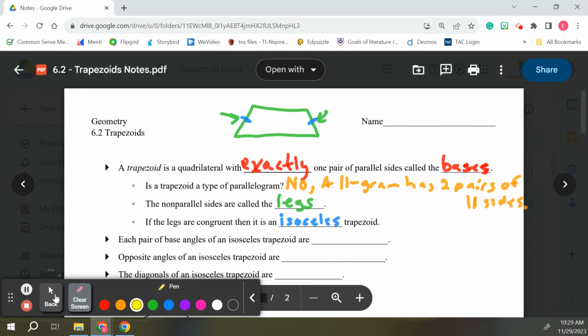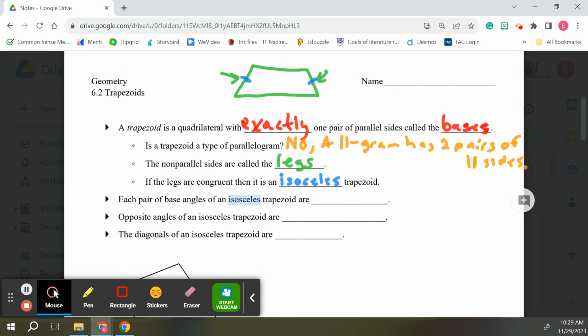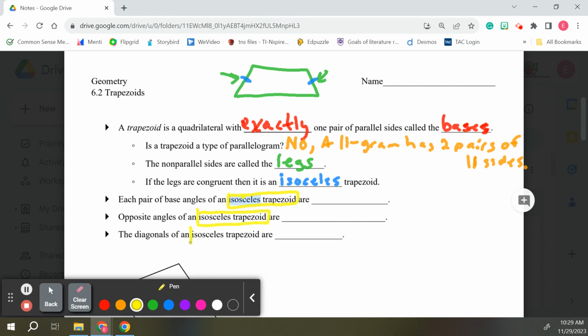Now, one thing I want you to do is highlight isosceles trapezoid for each of these, because these rules are specific to isosceles trapezoids. Each pair of base angles of an isosceles trapezoid are congruent.